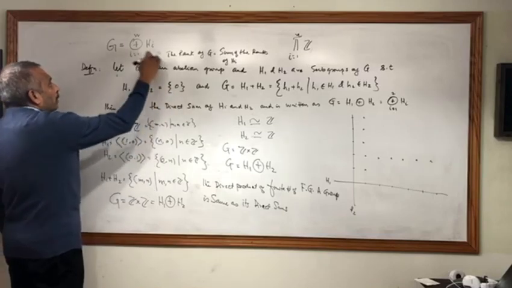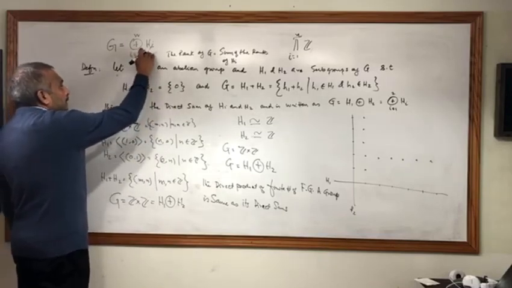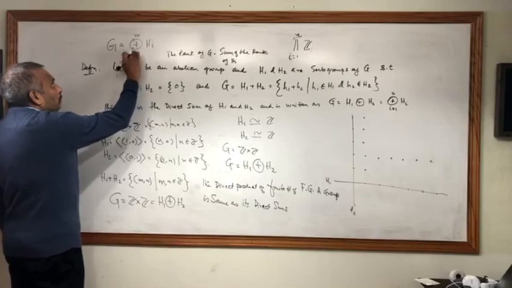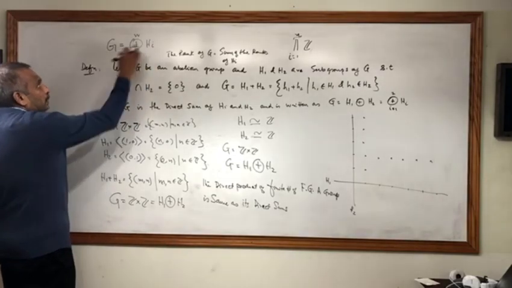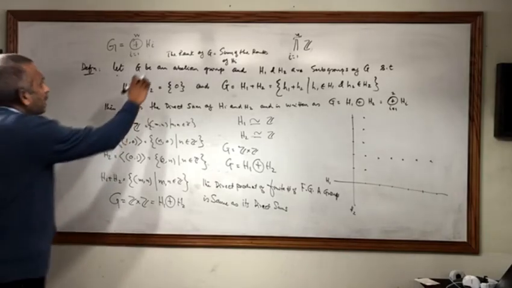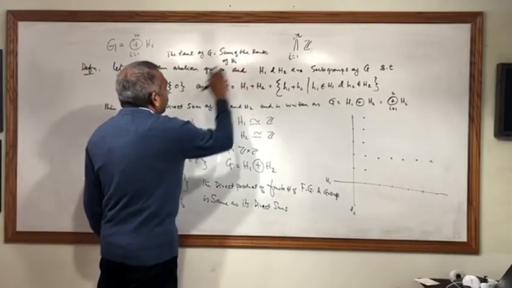So it is uniquely expressed as elements from the Hi's. So there are no common elements in the bases. So the rank of G is the sum of the ranks of Hi.